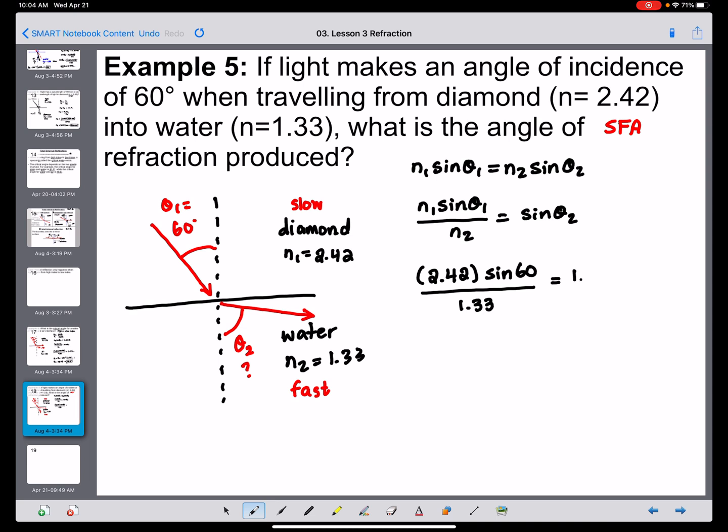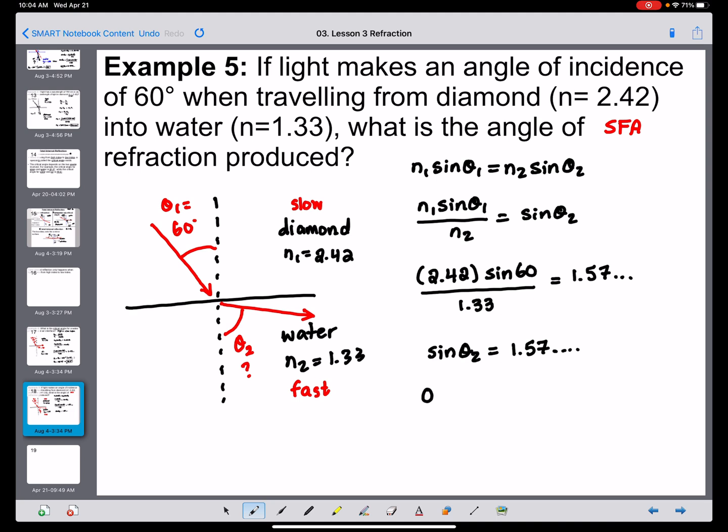And that gives me 1.57-ish. Now you might remember from math that this isn't allowed. What I've just calculated there is sine of theta 2. So sine of theta 2 is 1.57. Sine of any angle is never bigger than 1. So I've got something here that's impossible.